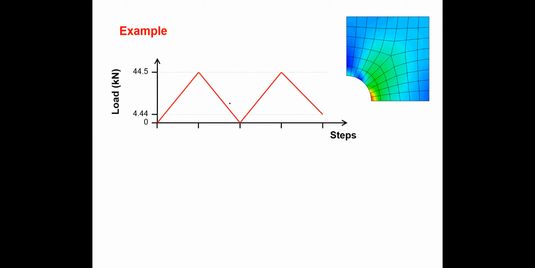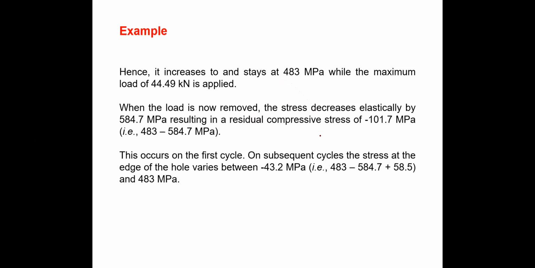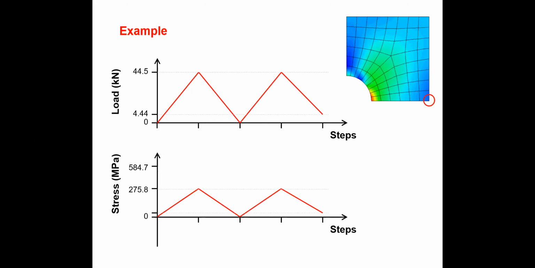The load is the same thing. You can see here this is the local area stress variation. This is what happens at the stress raiser area. Even though it should reach 584.7, it can't go beyond 483.